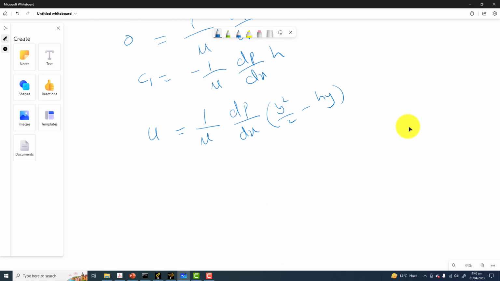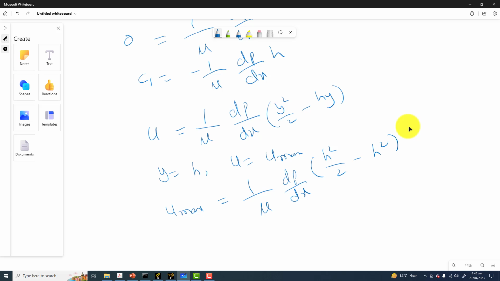Okay, so now we have this, and at y is equal to h, u is equal to u max. So u max is equal to 1 upon mu dp by dx, and this will be h square upon 2 minus h square.